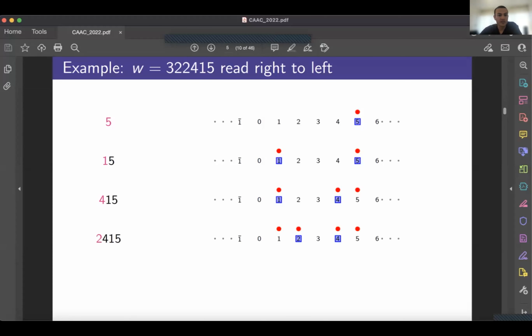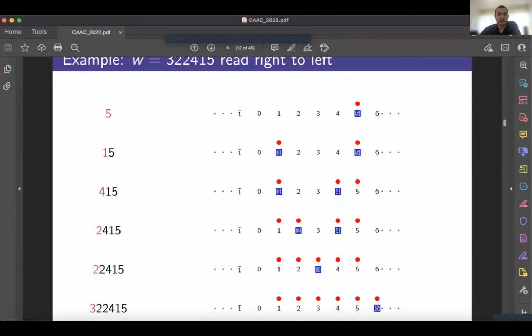That's the 2 moving the marked spot. Then there's another 2 coming, but its spot is taken. It compares itself with the marked spot, which is also 2, hence it goes right and becomes the new marked spot. Now the 3 comes, compares itself with the marked spot, and that's that.